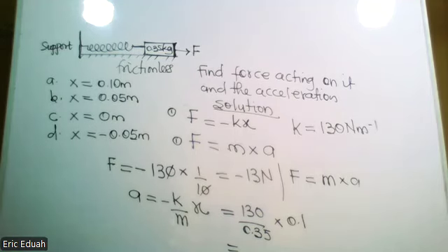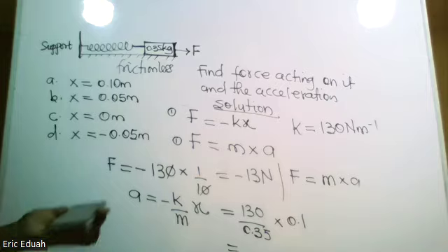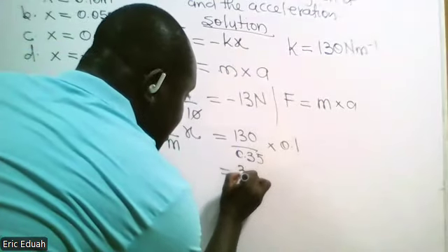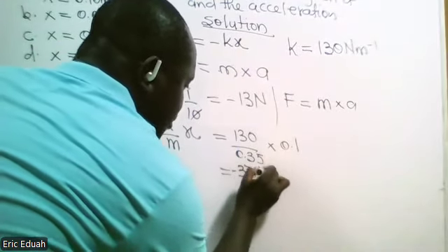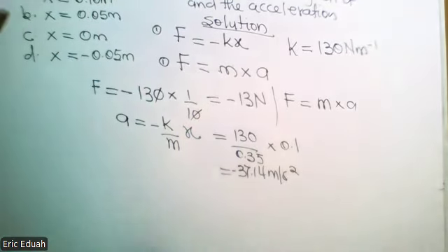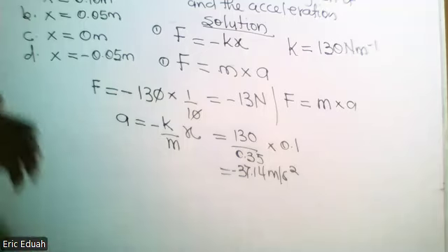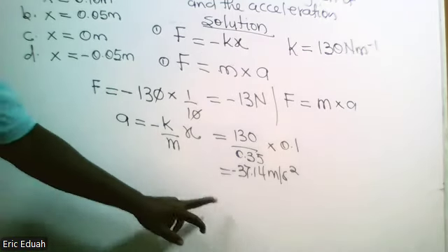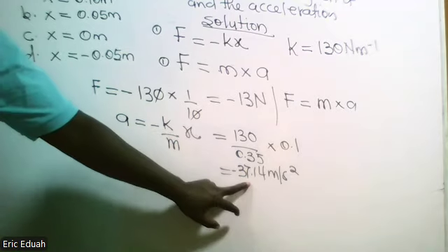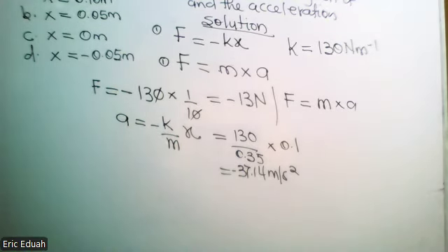And this must be equal to an acceleration of minus 37 point something. Let me check. 0.14. Okay, so this is minus 37.14 meter per second squared. In fact, if you bring minus, you are correct. If you don't bring it, you are correct, because the minus indicates direction. But the magnitude of the acceleration is actually 37.14.